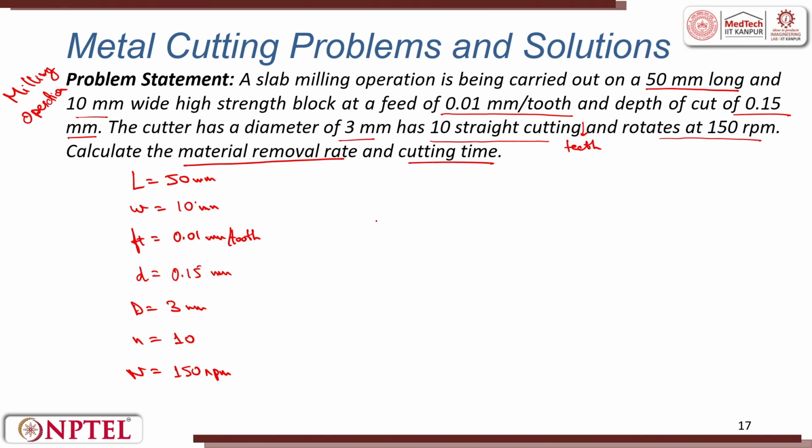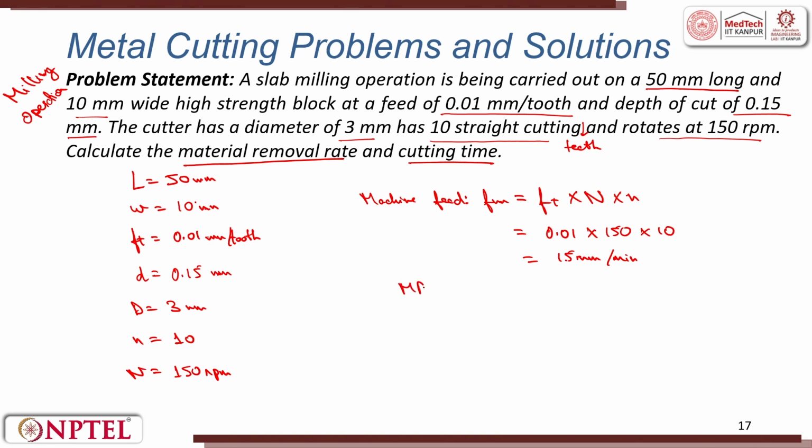To calculate the MRR, let us first try to find the machine feed. Machine feed is equal to the feed per tooth into the rotations per minute into the number of teeth. This is equal to 0.01 into 150 into 10, this is 15 millimeters per minute.